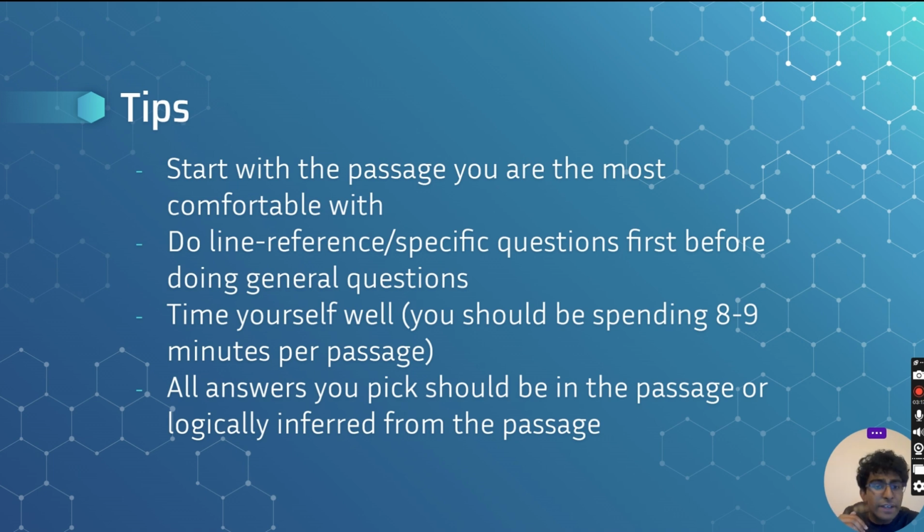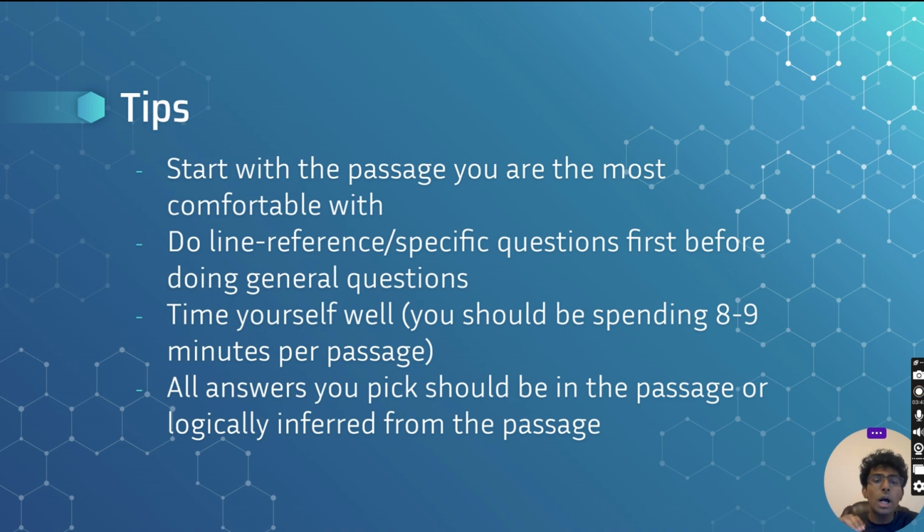But if you do really like fiction and you can understand it really well, by all means, go ahead and do it first. Remember, you don't need to do these passages in the order that you're given. You want to do the passages that you can get through quicker so you can leave time for your harder passages if need be. You want to do line reference specific questions first before general questions. Obviously, as we were going through the passages, I looked straight for lines and tried to answer those so you can spend a little bit more time on general questions.